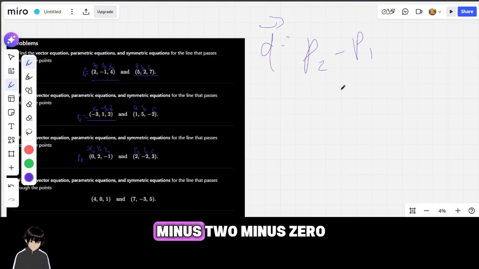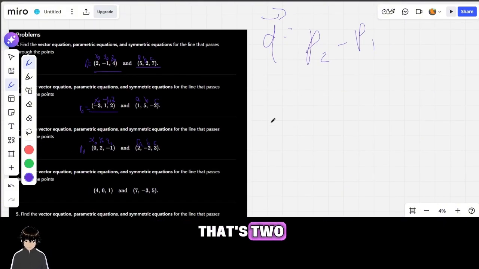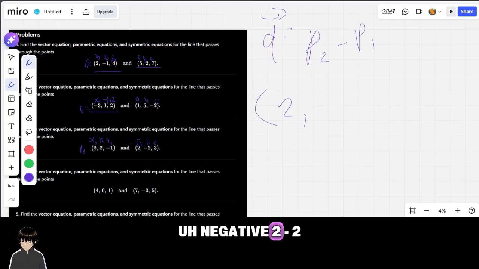We have 2 minus 0, that's 2. Negative 2 minus 2 is negative 4, and 2.